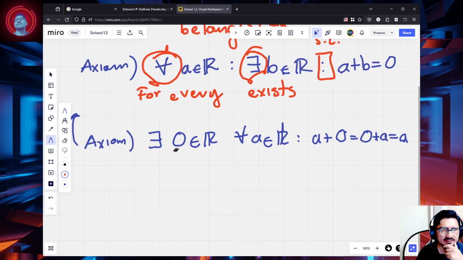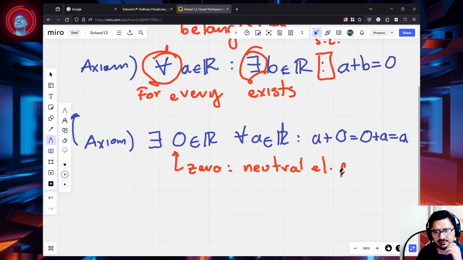This is called the 0, also called the neutral element for addition. This is important because that's the meaning of 0 from an algebraic point of view. Indeed, it can be proven that in the case of real numbers, the 0 is unique.